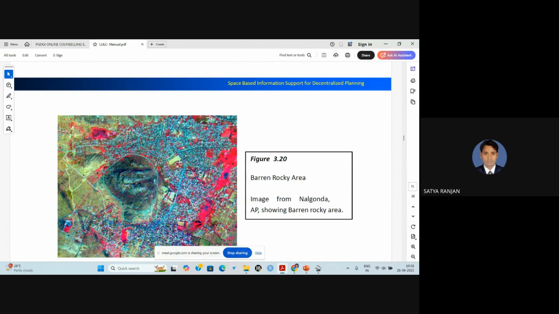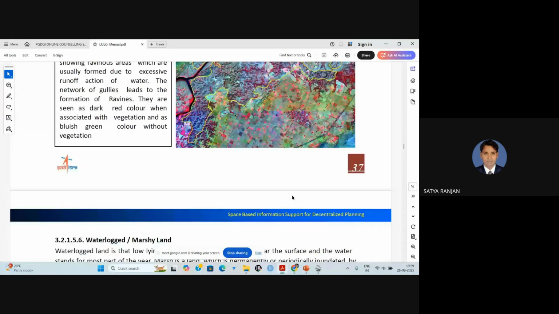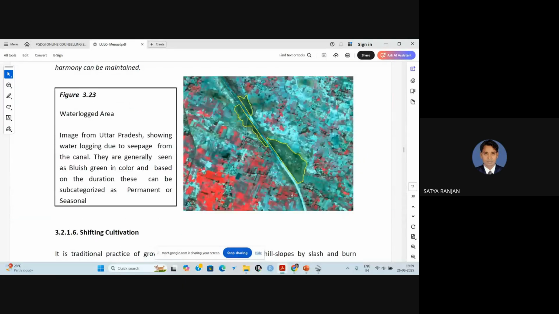This is the urban area, and this is the barren rocky land because there is no vegetation. If there is vegetation, then it looks red in color. That's why it is barren rocky land; there are no trees. Likewise, you can know more about these features. So this is about the land cover.